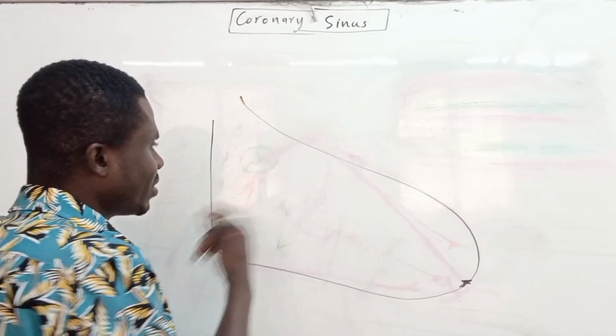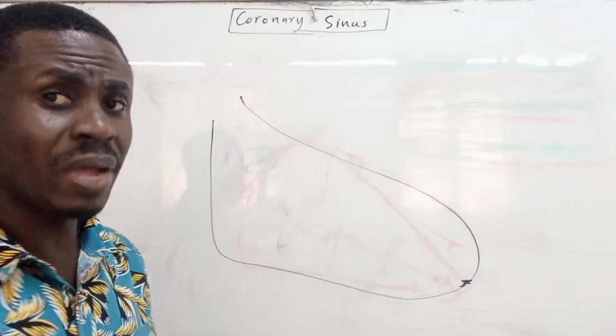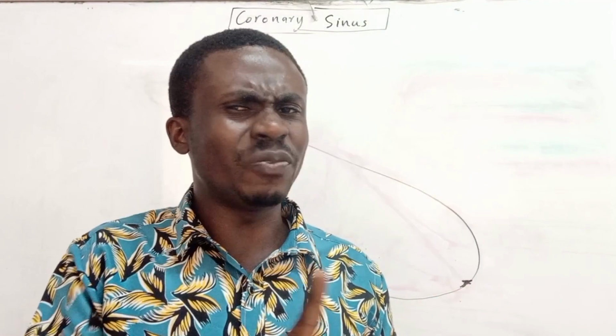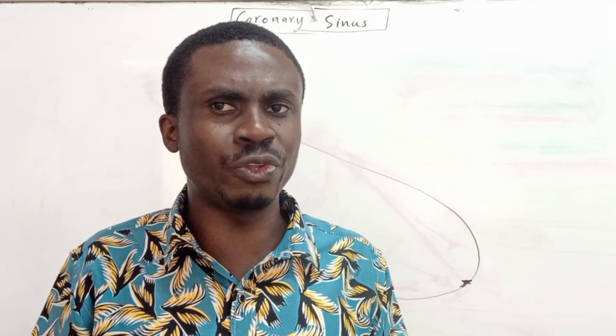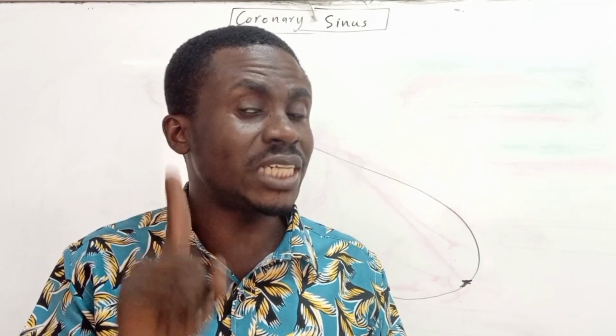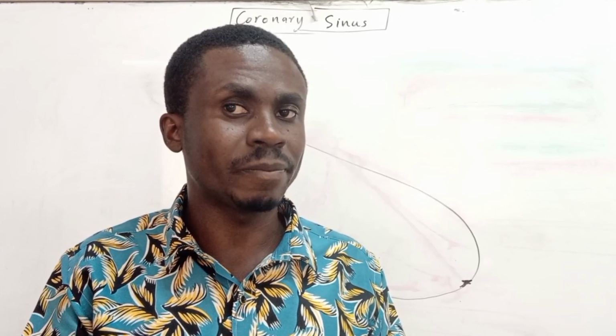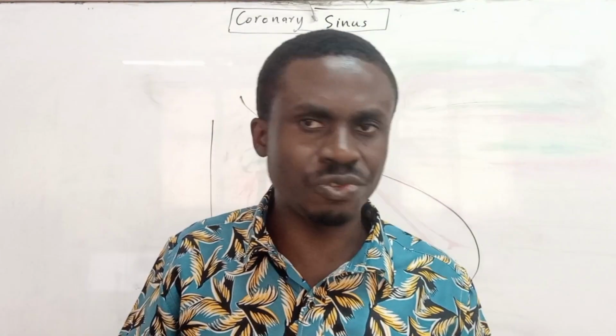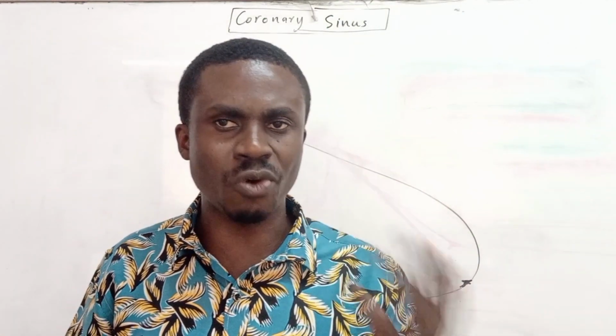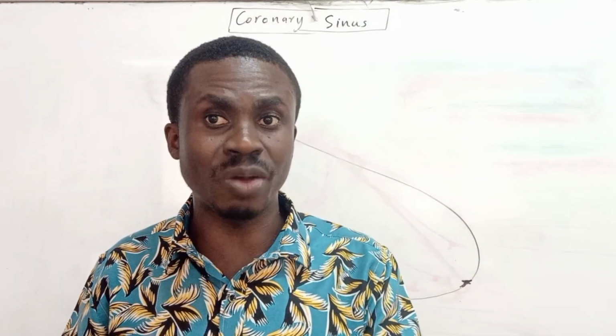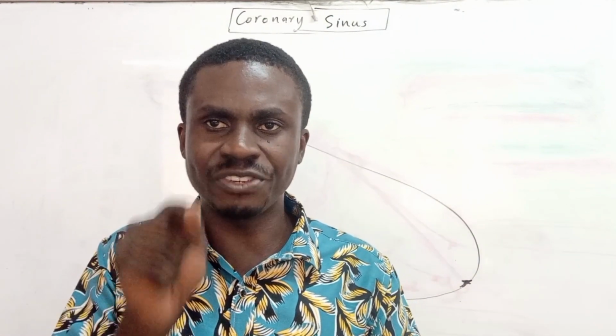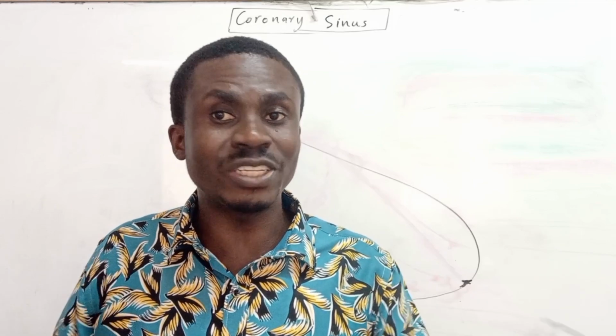Now, remember, they are opening vessels. Where are the veins going to? They will be draining to what we call the right atrium of the heart. Remember that last week I told you that the right atrium will have the rough anterior portion and then the smooth posterior portion. I am interested in the smooth posterior. That's where the vessels will be opening.